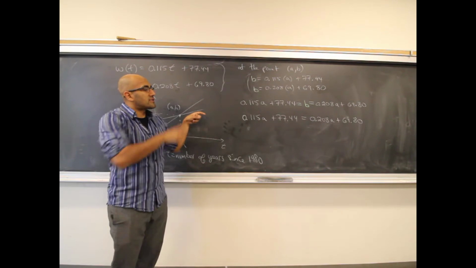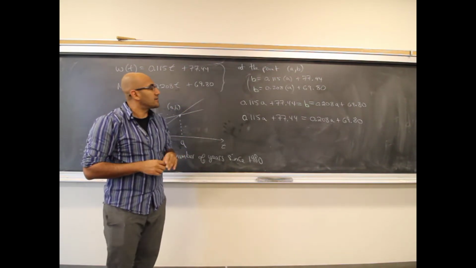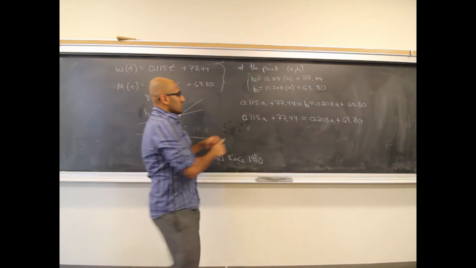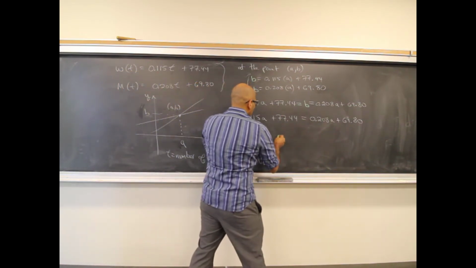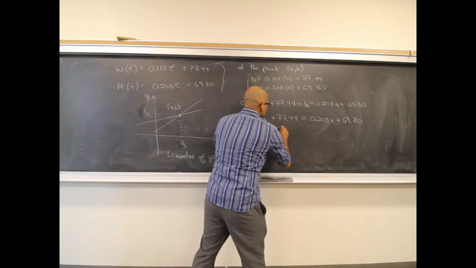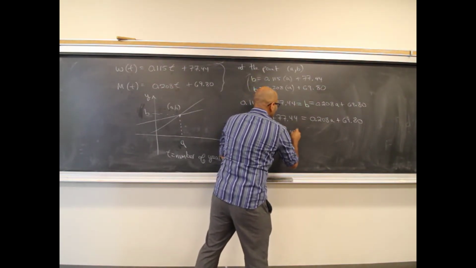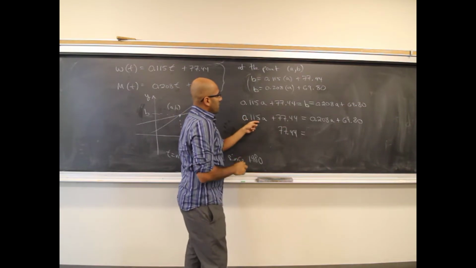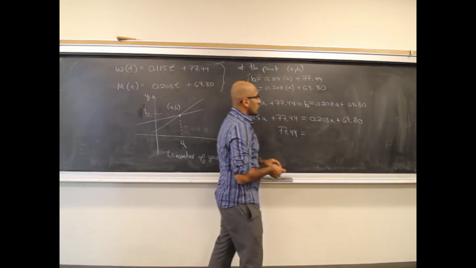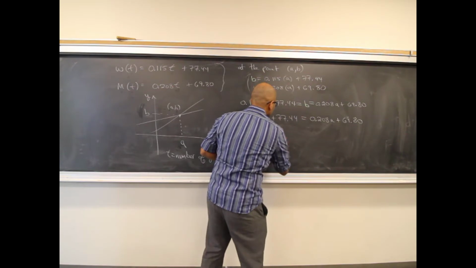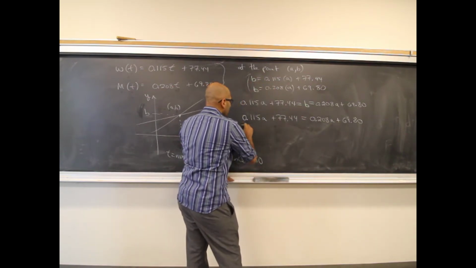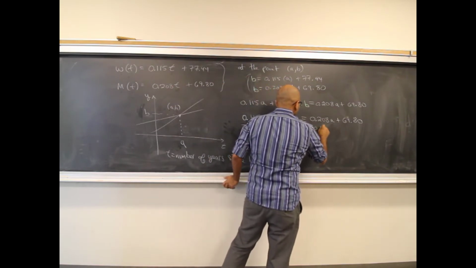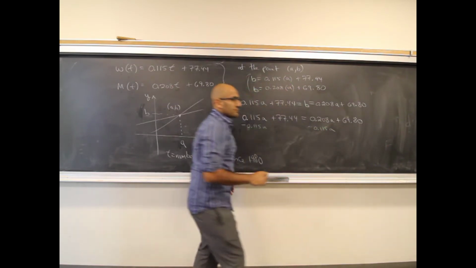Move all the A's to one side, move the constant to the other side, and then divide by the numerical coefficient of the A. So I'm going to move this over there. I'll end up with 77.44 equals, and I'm going to subtract 0.115A from 0.208A, minus 0.115A.